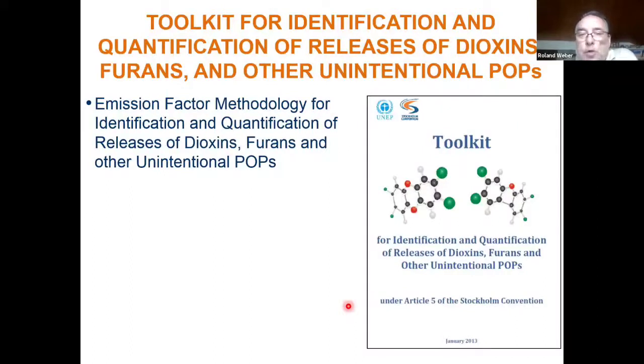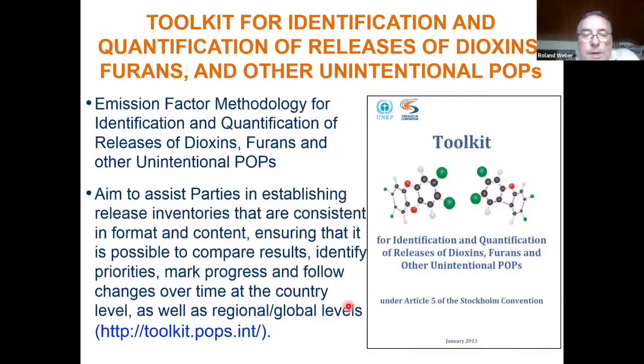So therefore here the toolkit has developed a methodology which assists parties in establishing release inventories that are consistent in format and content, ensuring that it is possible to compare results, identify priorities, mark progress, and follow changes over the time on the national level, but also even on the regional or global level.